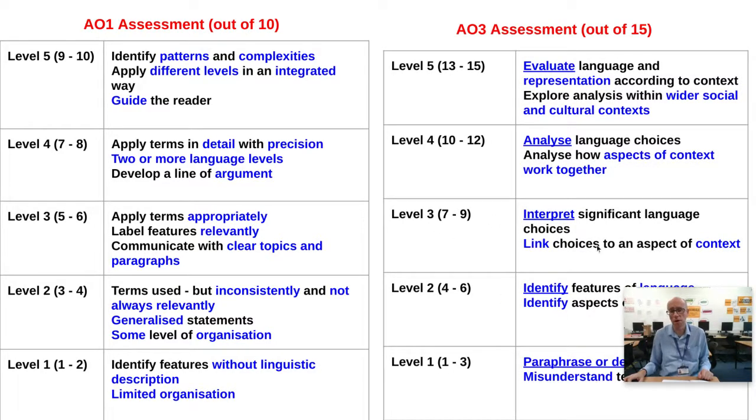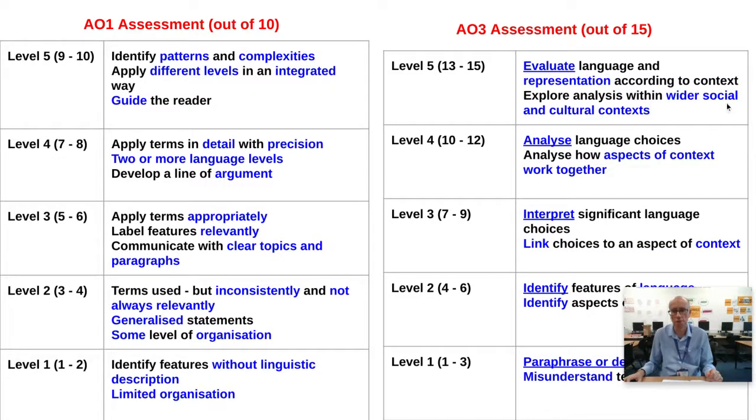To get your average marks, you are interpreting the language choices and linking the language to context. Whereas on your top levels, it's this keyword: evaluate. You're analysing the things, but you're also weighing up the significance of individual words, which means you've got to have a lot of practice in looking at a text and deciding what are the four or five really key bits that yield a lot of meaning.